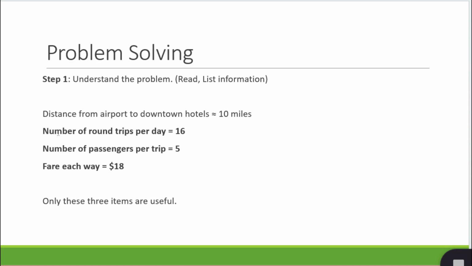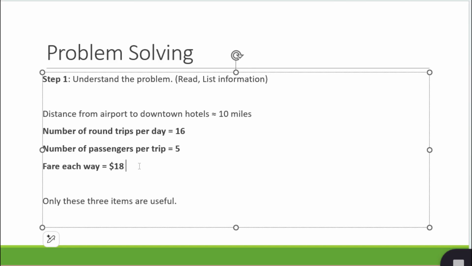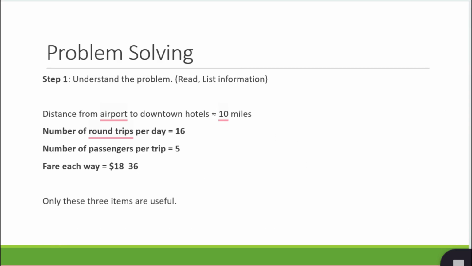And we only need these 3 pieces of information, where we just said this one's going to be 36. Okay, so that's step 1. We just read the problem, and we wrote down what we know and what we're looking for.